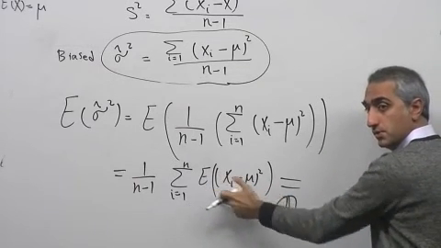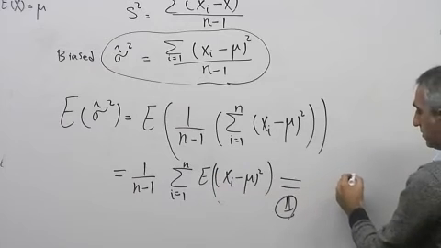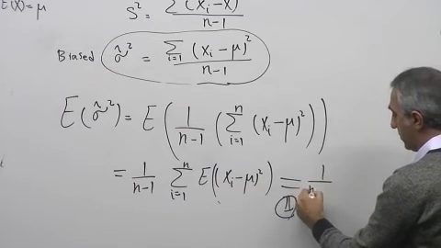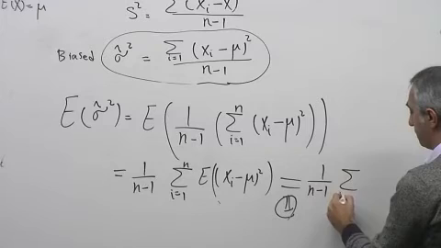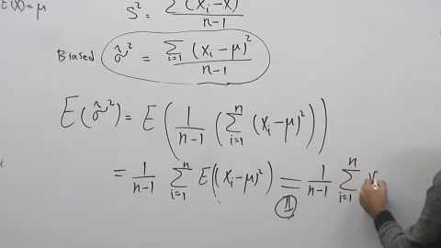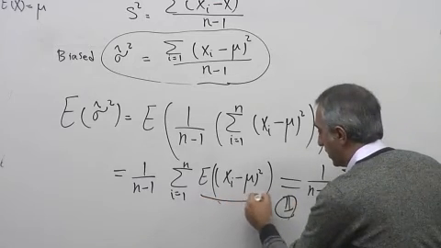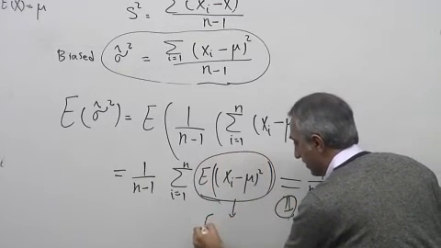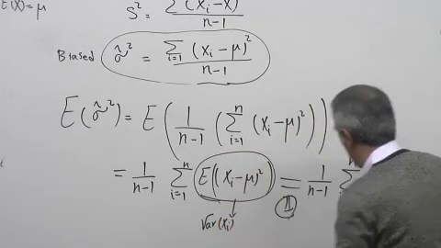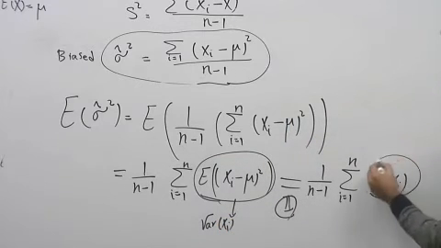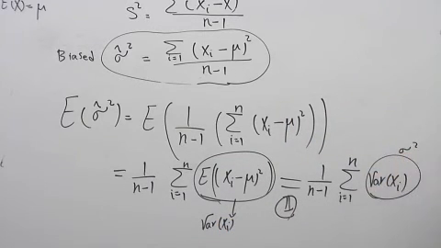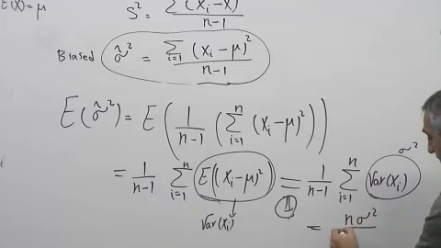This guy is the variance of xi. And the variance of xi is what? Sigma squared. So how many of them do I have? N. So it's n sigma squared divided by n minus 1.